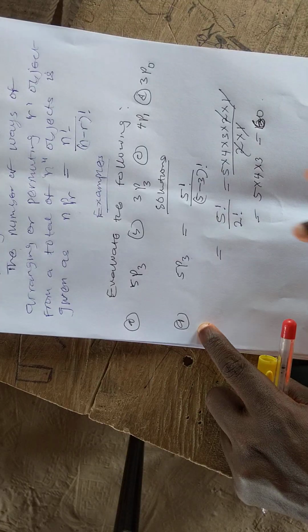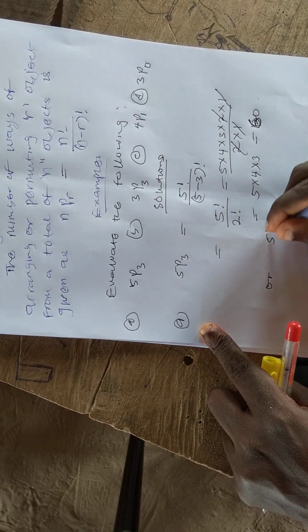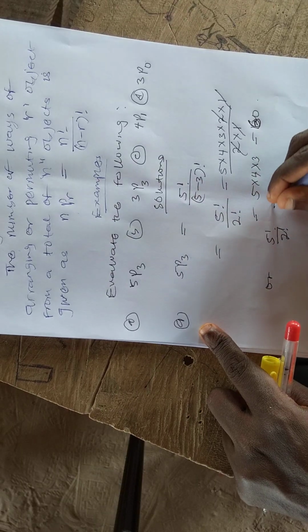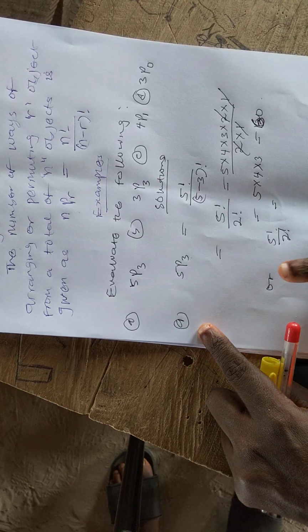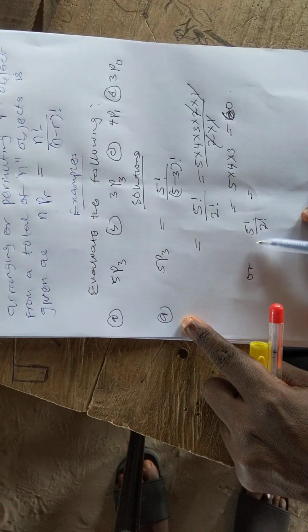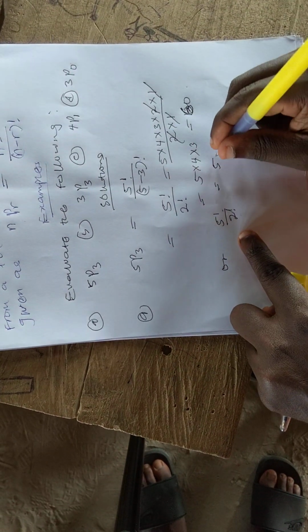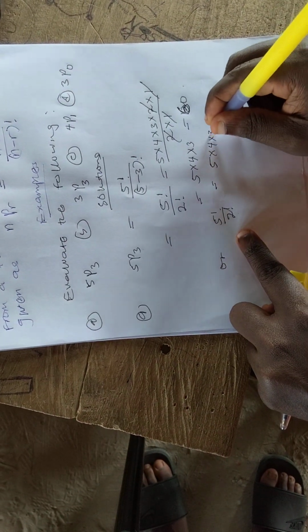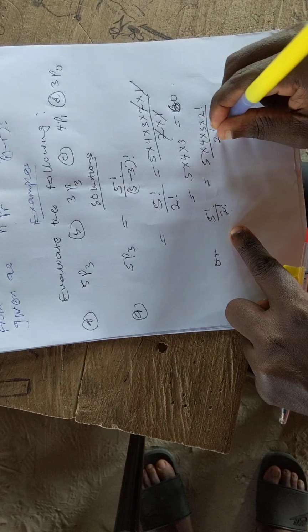But we have a shorter way to do this. We can say 5 factorial over 2 factorial equals, we leave the smaller one and expand the bigger one. So here will give us 5 times 4 times 3 times 2 factorial over 2 factorial.